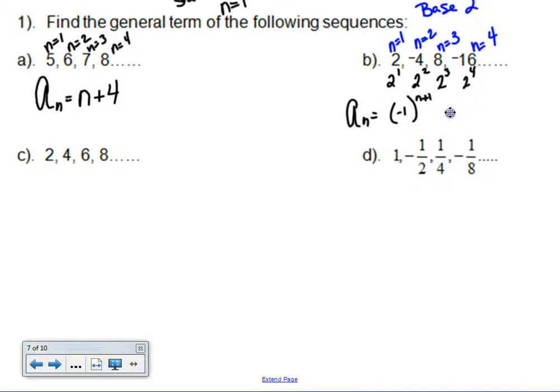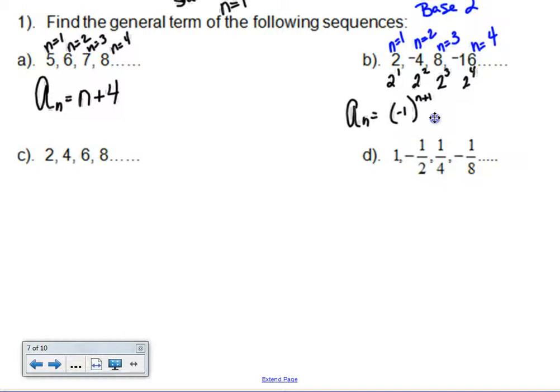What if I did n plus 1? If I substitute in n equals 1, what I get is -1 to the 1 plus 1 power. Well, that's -1 squared, and that gives me a positive coefficient. If I think about that for my second term, 2 plus 1, that would be -1 to the third power, which gives me a negative coefficient, and then you'll see they'll alternate after that.